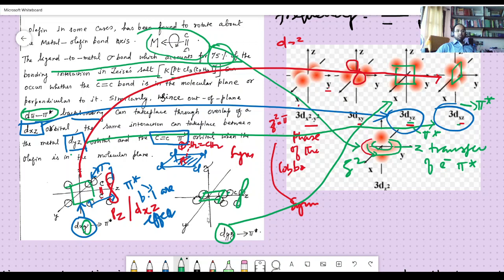Because z is involved here, and z is involved here too, the dxy orbital is not involved because there is no z axis. In dyz and dxz you have got z orbitals, whether vertical like this or perpendicular to pi. This one is parallel to pyz, this one is perpendicular to pyz. But in both cases, the donation of electrons is taking place.